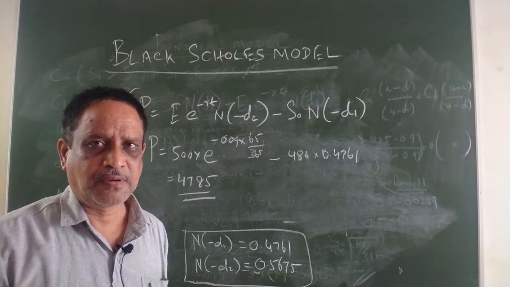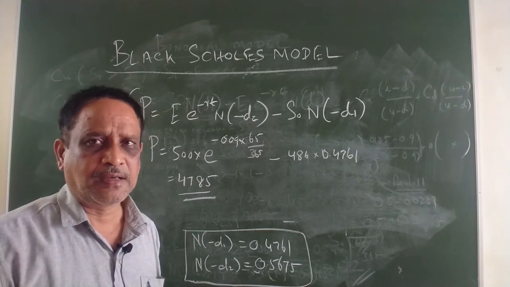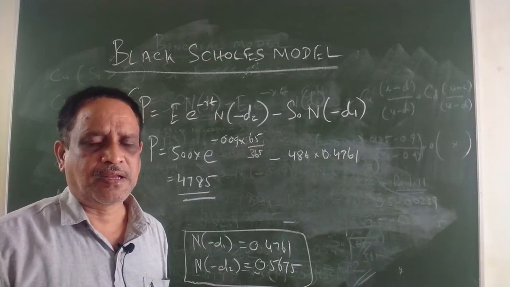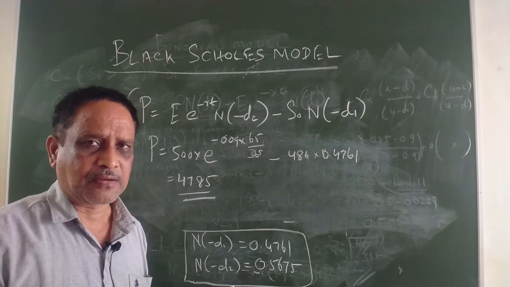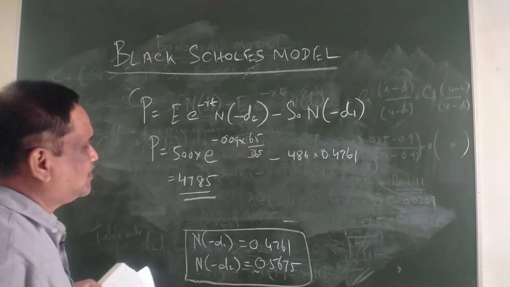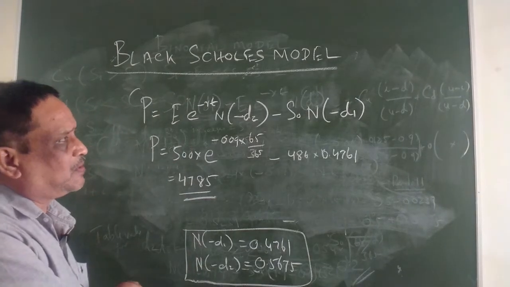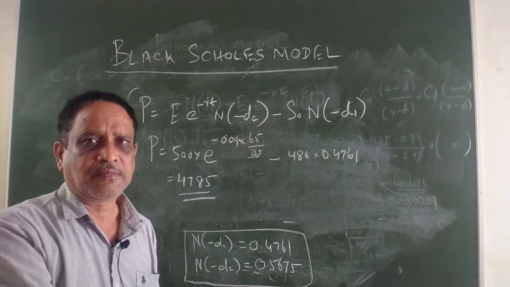When you are calculating N of minus D1, take the minus of the existing D1 value. So be careful when you are doing the calculation. If you could follow this, it is easy to understand. Okay, thank you.